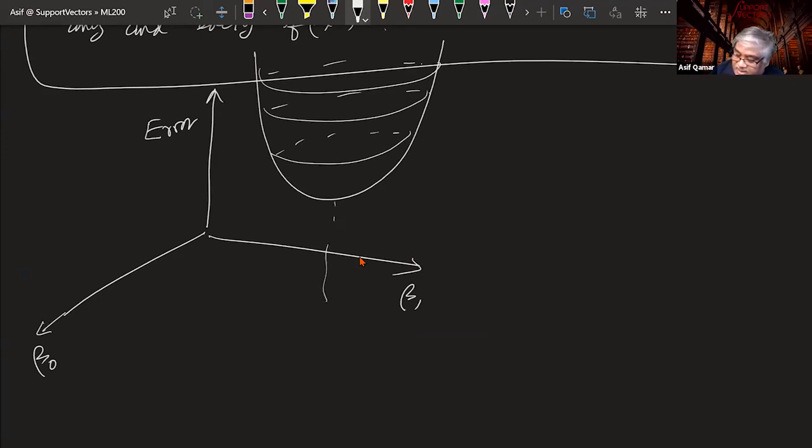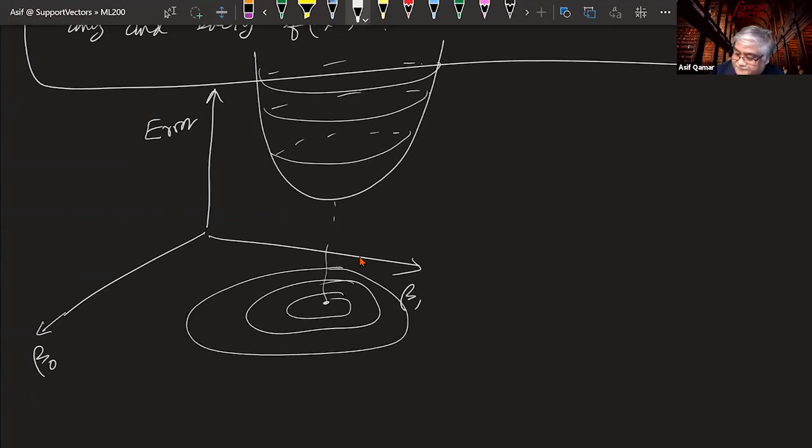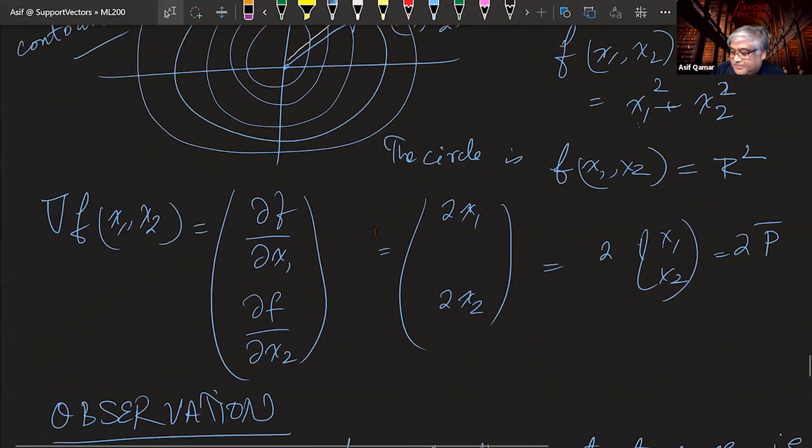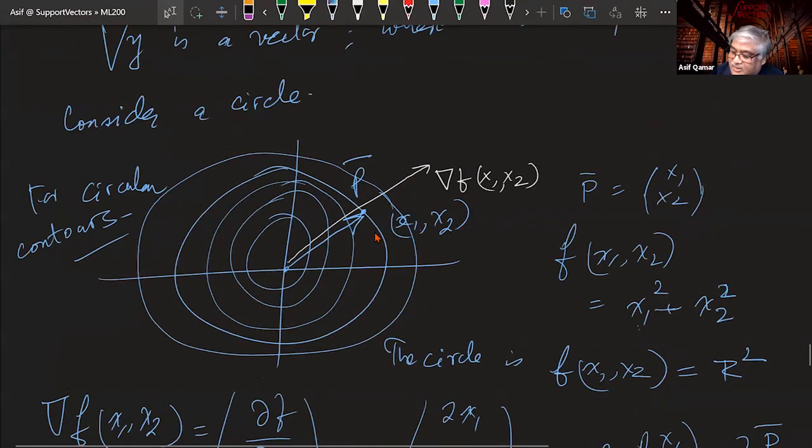Do you notice that you had these contour surfaces? Also observe something. Where does the gradient point? First of all, it is perpendicular to the constant surfaces. But is it pointing in the direction of increasing f value or decreasing f value?